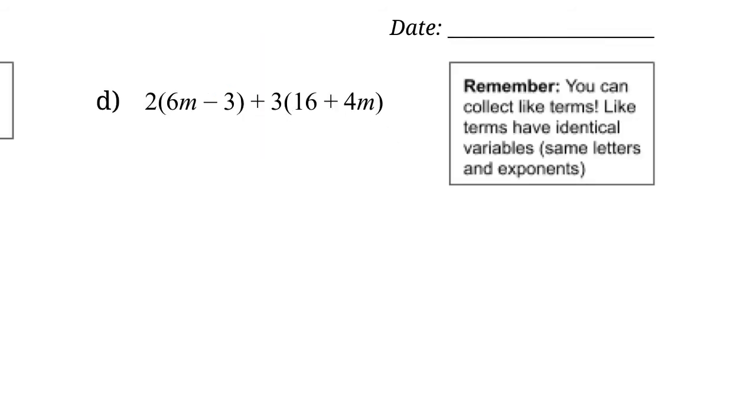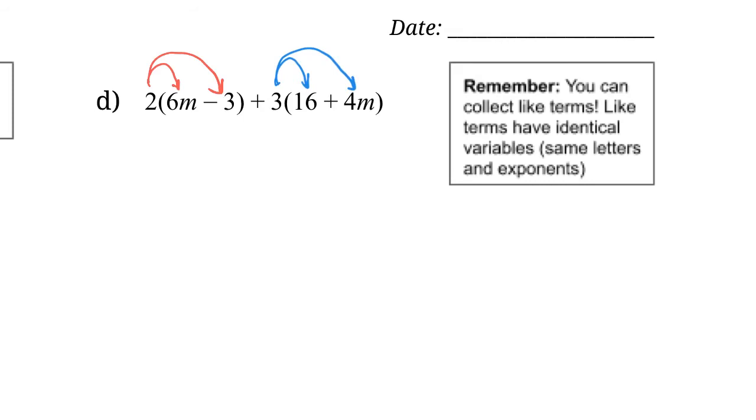All right, so let's make it a little bit more challenging. This time I have 2 sets of brackets. So we're going to have to perform the distributive property 2 times. However, you're not just going to multiply everything together. You have 2 sets. So we have a 2 that's going to get multiplied into its bracket, and we have a 3 that's going to get multiplied into this second bracket.